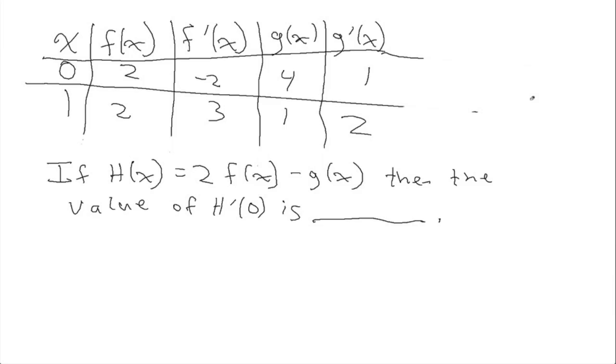So h of x equals 2 f of x times g. So when x is 0, okay, they give us the values. Okay, I guess.